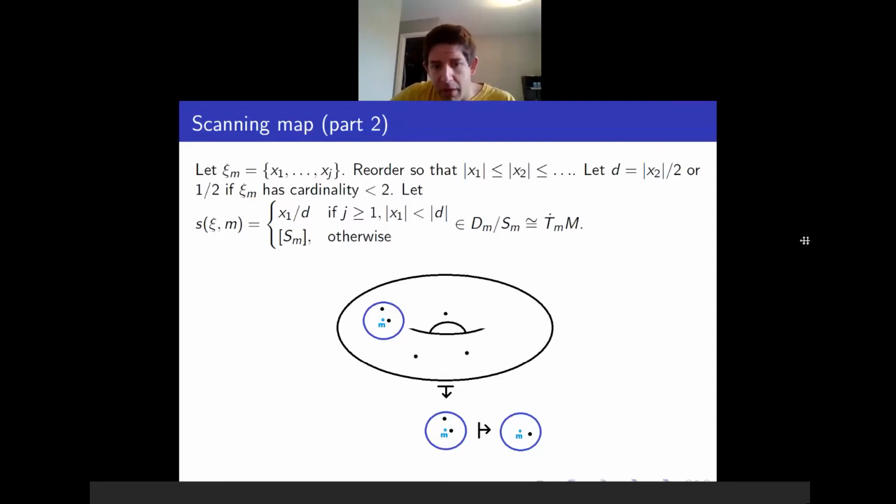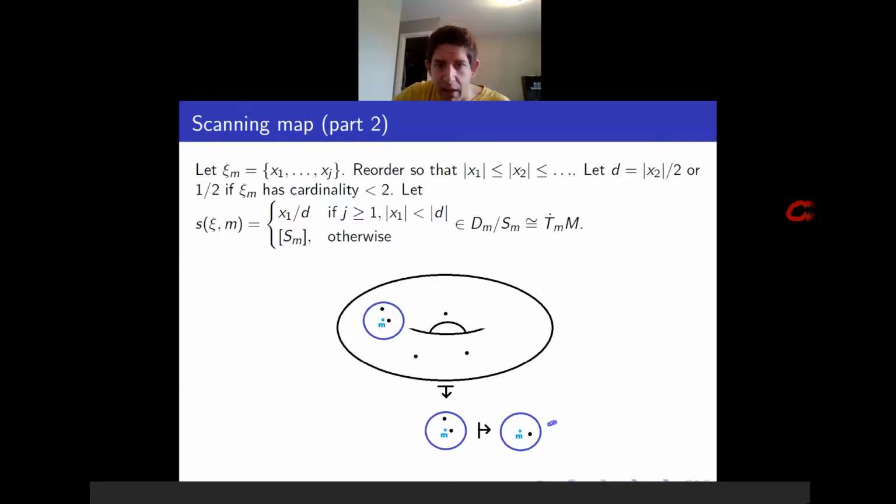Basically what we're doing is you throw out this point, and you scale this point to be possibly slightly farther away. Or another way of saying it is, we're just zooming in a little bit more, so now we only see at most 1 point.